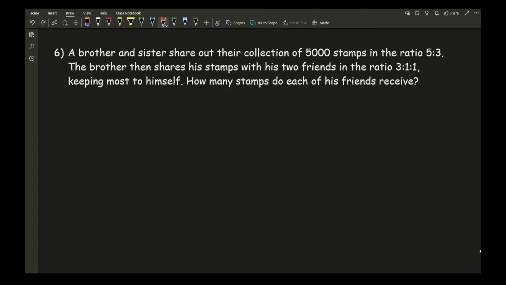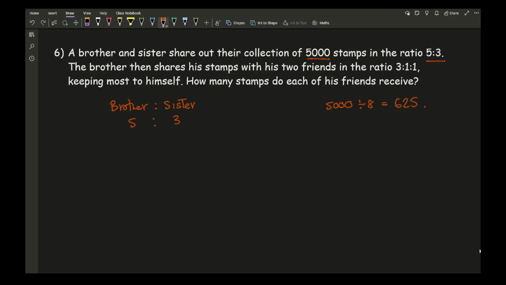So the first thing we need to do here is let's write down the two people. So here we've got the brother and we've got the sister, and they're sharing the amount of 5,000 stamps in the ratio of 5 to 3. So what we need to do first is 5,000 divided by 8, which gives me an answer of 625.